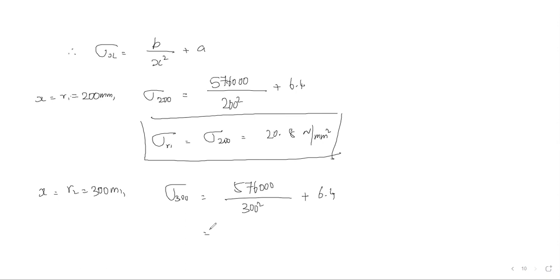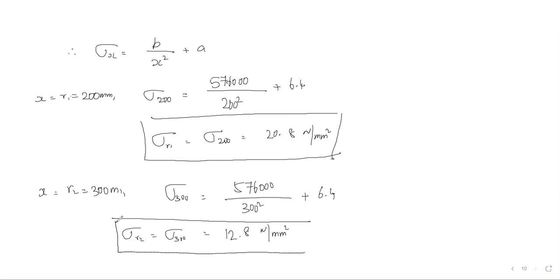So 576,000 divided by 90,000 is 6.4, plus 6.4, that is 12.8 Newton per mm square. So this is the value of sigma R2 or sigma 300 mm. So these are the maximum and the minimum hoop stress values.